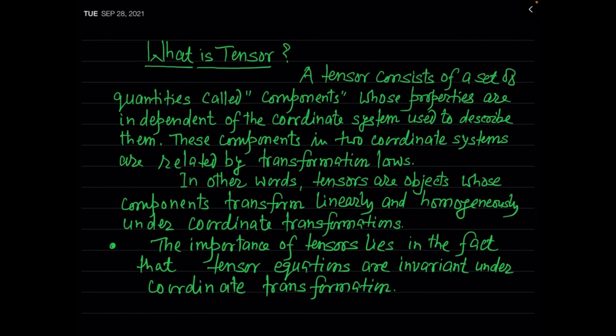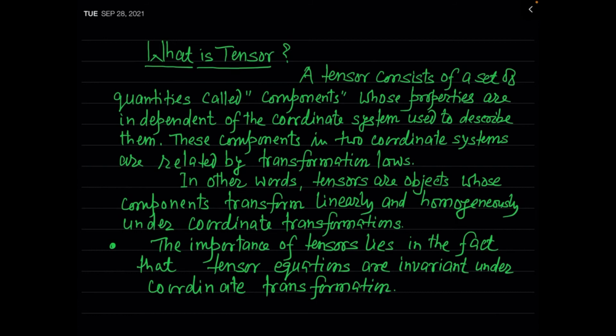And if you know the components of a tensor in one coordinate system or in one reference frame, then there are certain laws of transformation by use of which you will see later that we can easily find what those quantities will be in another coordinate system. So the components of a tensor in two coordinate systems are related by transformation laws.